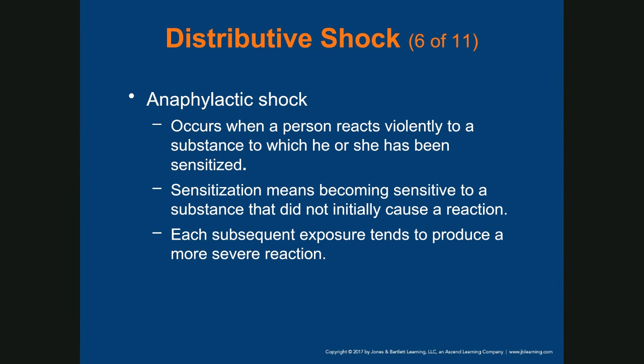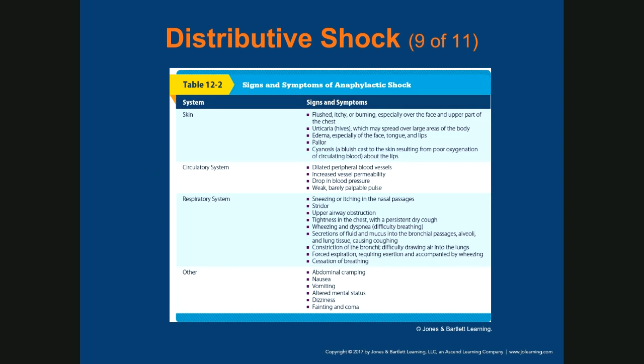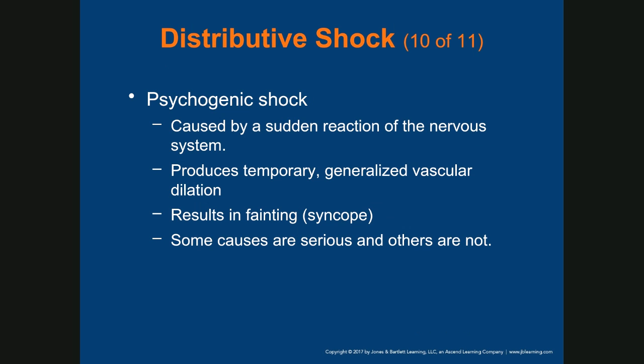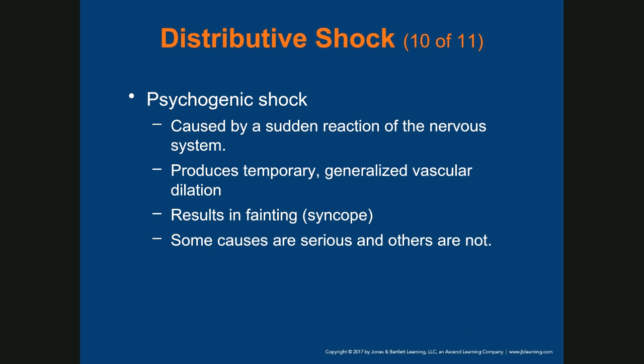Let me go to psychogenic first. I don't want to talk about septic yet. So psychogenic shock is fainting or syncope. This is the first one we're going to look at.